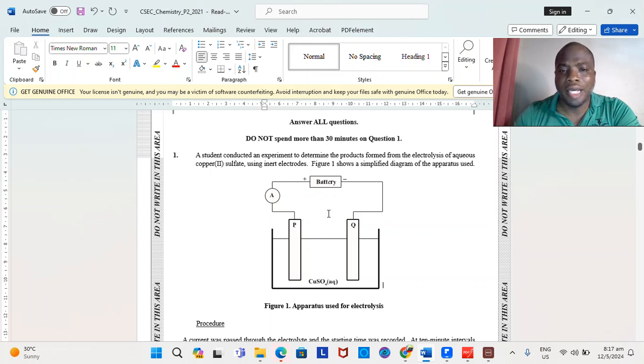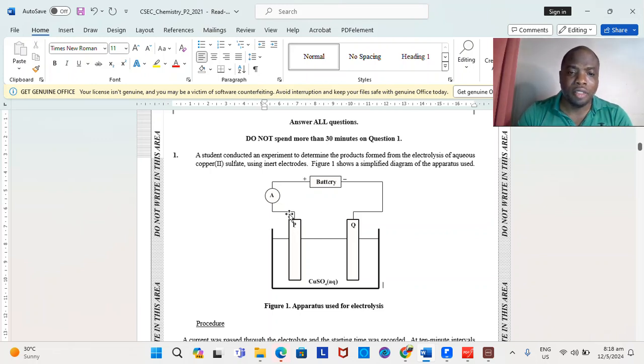Sometimes students ask me if they are on a specific side. No, we denote or know the different electrodes based on the side that they're connected to on the battery. So the positive side, that's where we find our anode. So right away, once you're a student and you understand electrolysis, you would have recognized that P is the anode.